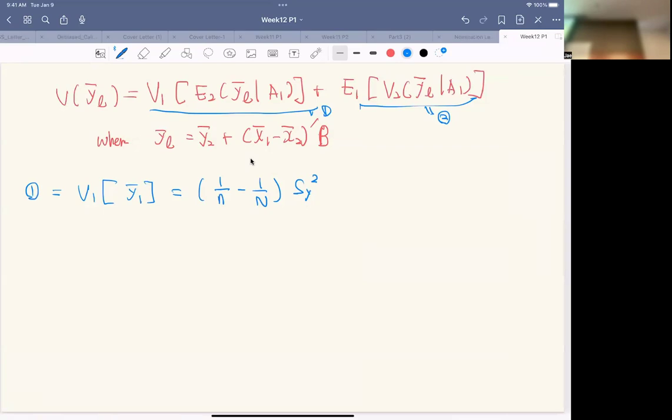So this is true; you cannot really simplify it further. The second one is the expectation of the conditional variance. So what is the conditional variance? It is the variance of y bar 2 minus x bar 2 prime b conditional on A1.